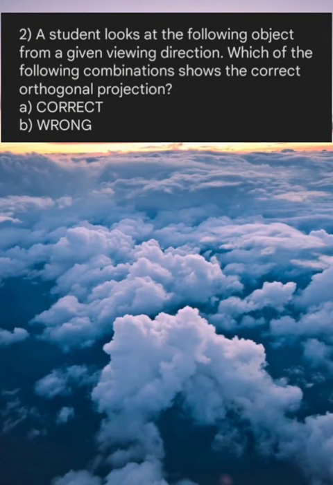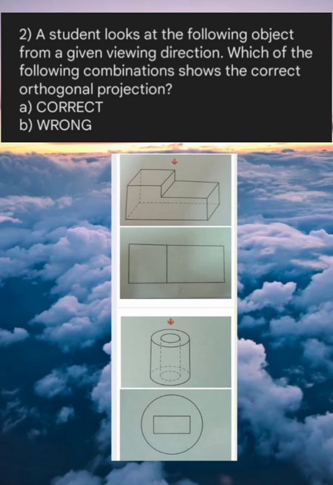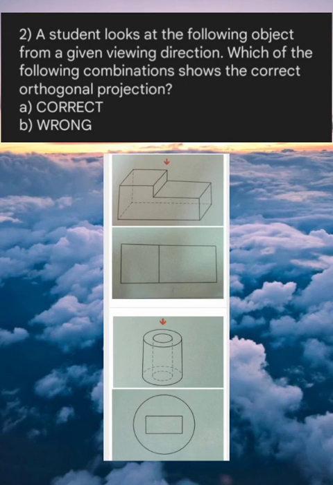Question number 2. A student looks at the following object from a given viewing direction. Which of the following combinations show the correct orthogonal projection? The answer is correct or wrong. For number 1, the object is a correct orthogonal projection.